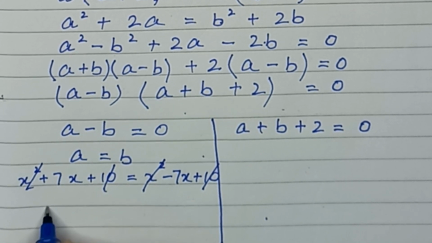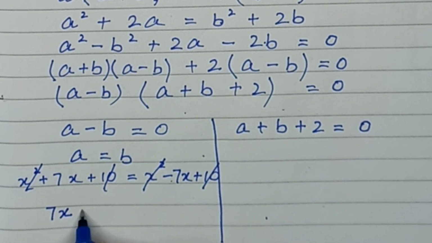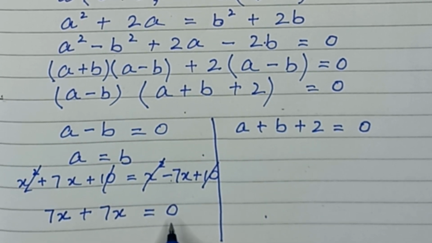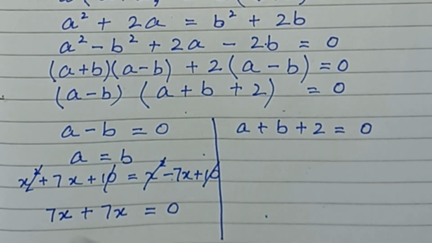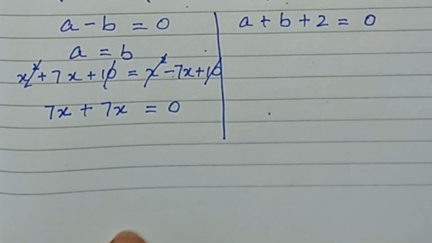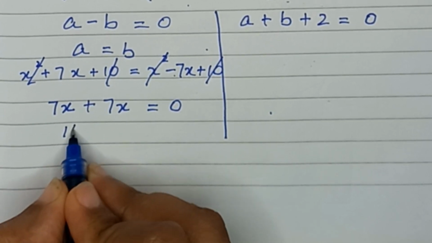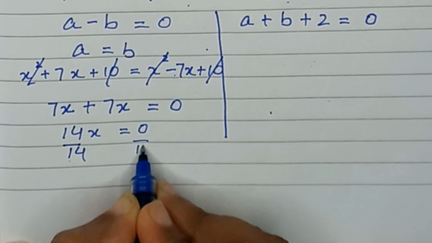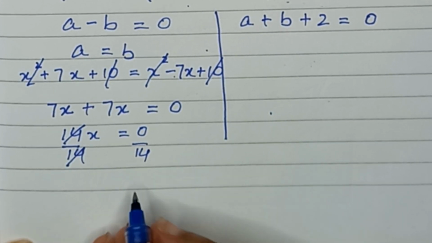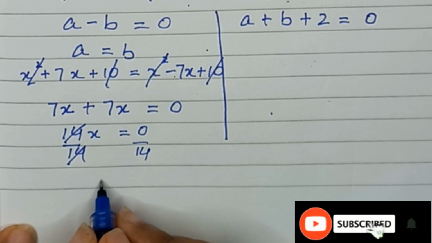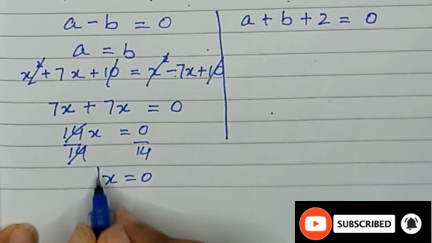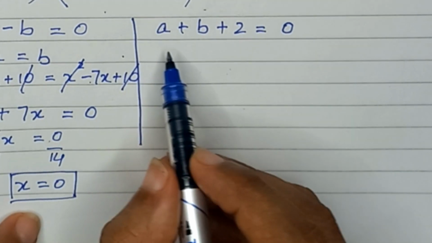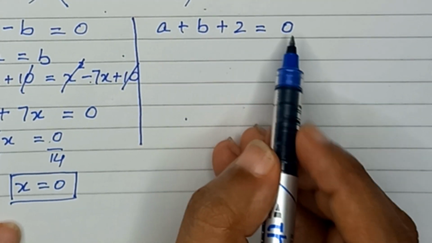So it will become 7x, and it becomes positive 7x when it changes its position from the equal side, equal to 0. From here 14x will be equal to 0. So we divide both sides by 14, and the value of x is equal to 0, because 0 divided by 14 is 0.